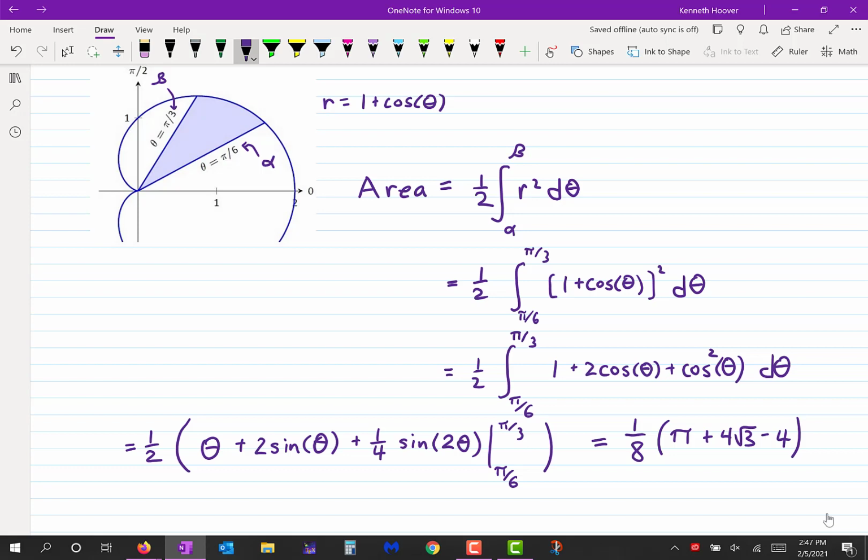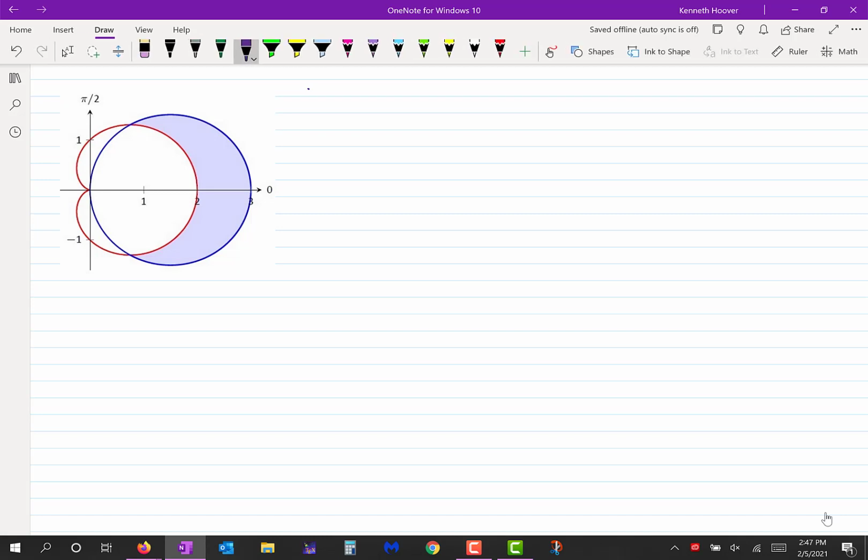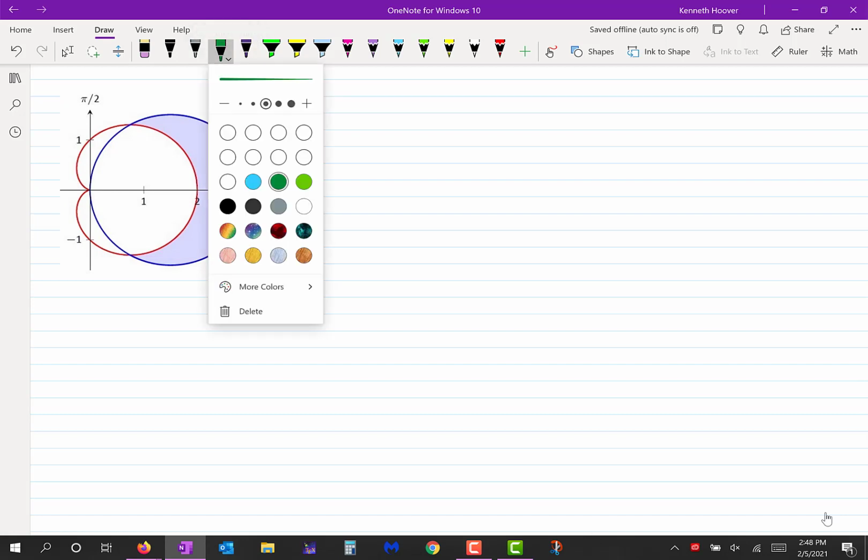If you want to find the area between two polar curves, like this next picture, then you just do the difference. So what I mean is this. Let's call this outside one R1, and let's call the inside one R2.